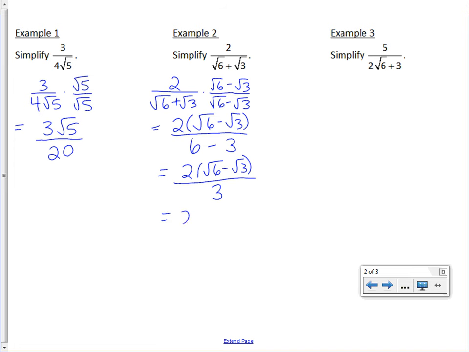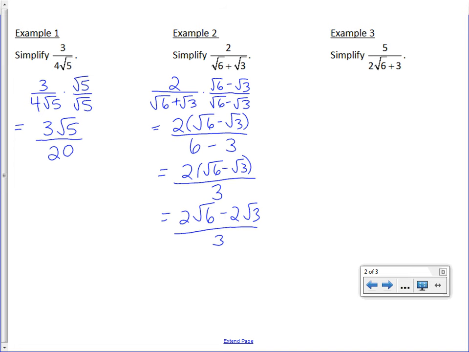But if you wrote 2 root 6 minus 2 root 3 over 3, that's also fine. Does everyone see those are the same? They're equivalent expressions. Either one is correct. But if the 3 had been a 4, I would have expected you to reduce it. So that's why I said don't distribute it right away, because maybe you can reduce.